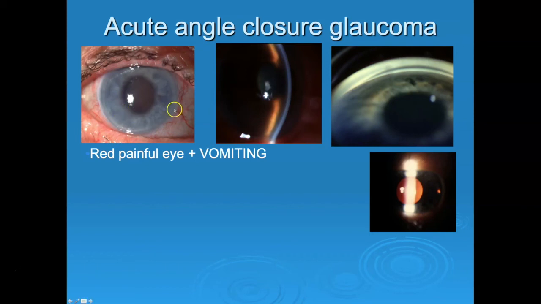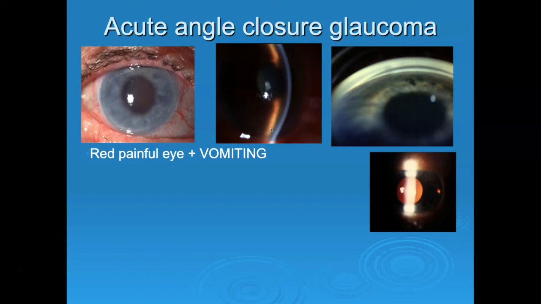However, you should always look at the eye to see if it is red in the case of headache. You can see in this slit lamp photograph that the cornea, that's this white line here, is very close to the iris, that's this orange-brown line here, and that is the hallmark of angle closure glaucoma if you have access to a slit lamp.